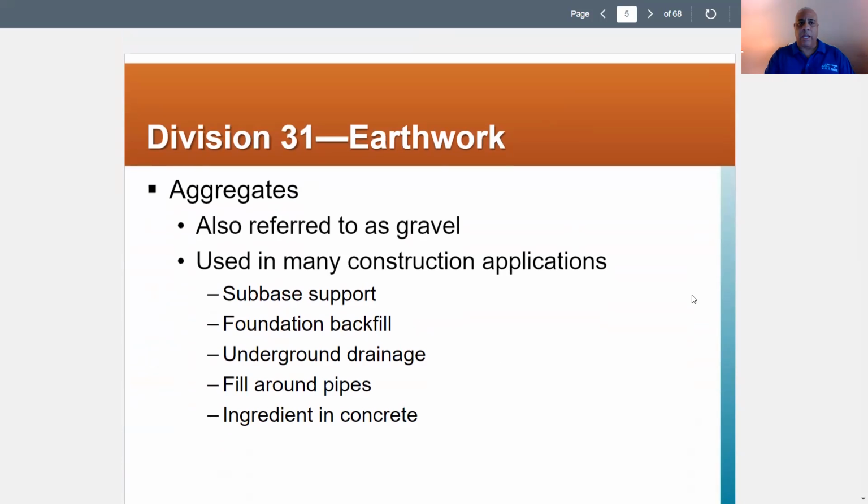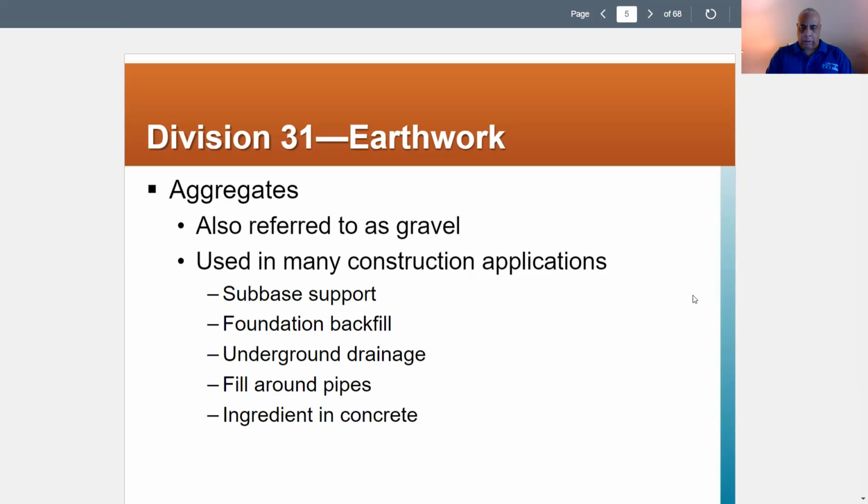First, I'm going to get into aggregates or earthwork. Now, when you see the division 31, that's part of the CSI specs. CSI stands for Construction Specifications Institution.